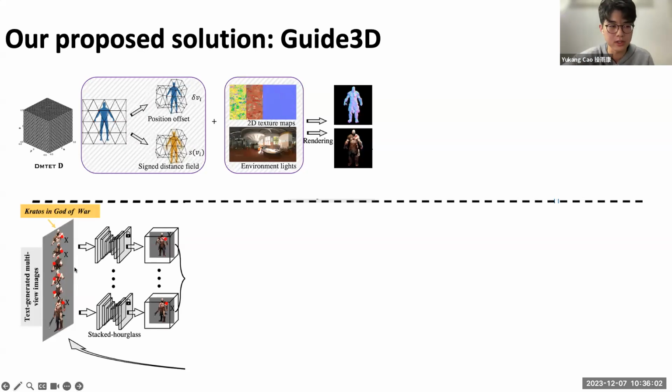Specifically, we input these generated images into the stacked hourglass image encoder and obtain the pixel-aligned image feature via bilinear interpolation. And then, considering the inconsistency observed in the generated images, we propose a similarity-aware multi-view feature fusion strategy to better define and incorporate the consistent image features from different views.